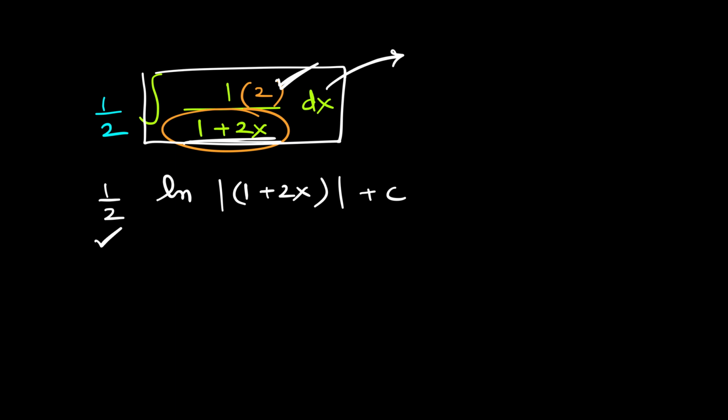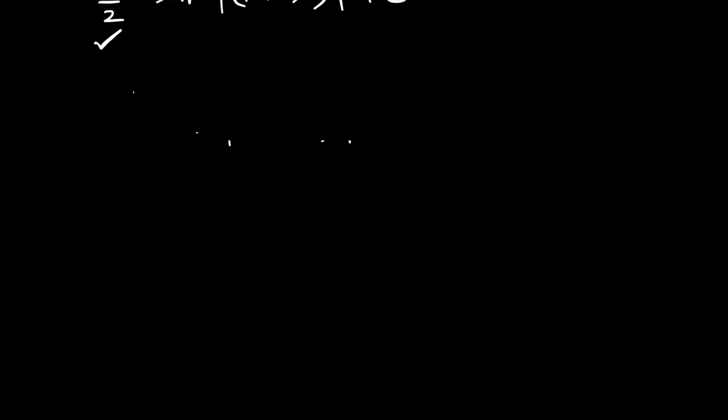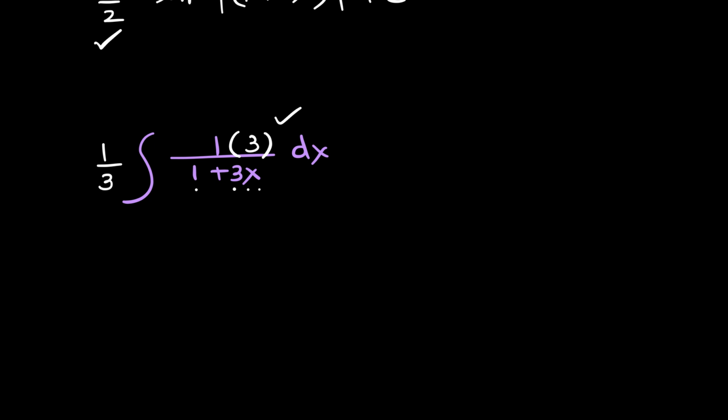Similarly, if we have something like 1 over 1 plus 3x dx, what is missing? A 3 is missing because the derivative of 3x is 3. Since we wrote 3 ourselves, we should balance it.